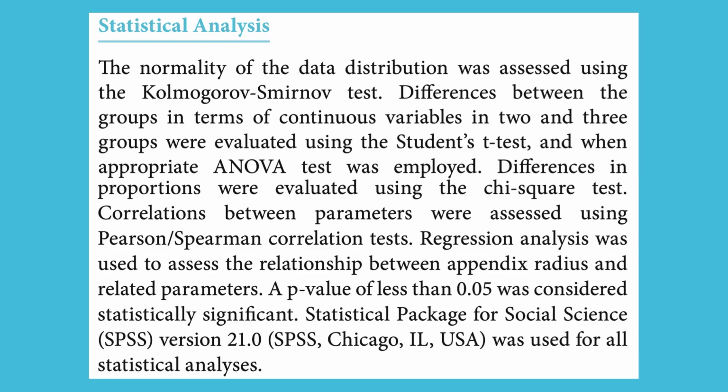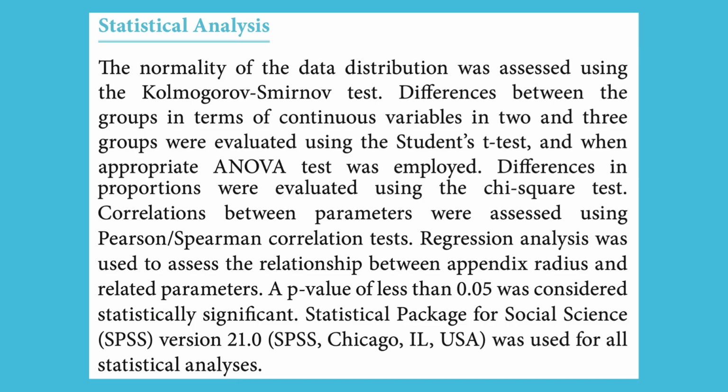Statistical analysis. The normality of the data distribution was assessed using the Kolmogorov-Smirnov test. Differences between the groups in terms of continuous variables in 2 and 3 groups were evaluated using the student's t-test, and when appropriate ANOVA test was employed. Differences in proportions were evaluated using the chi-square test.